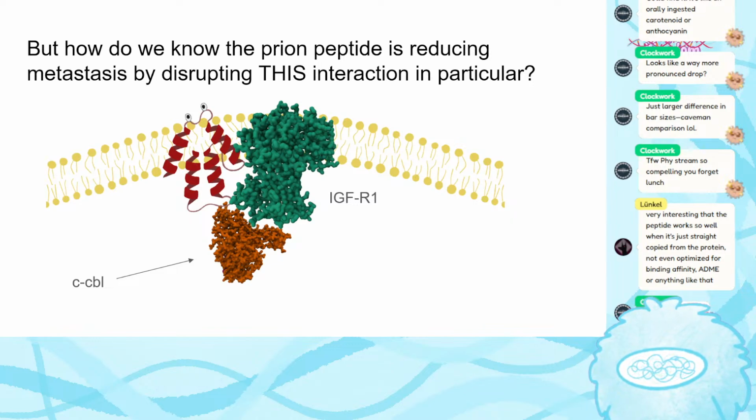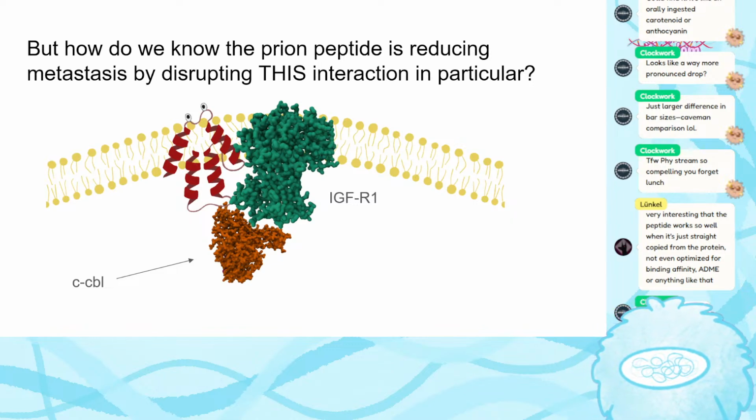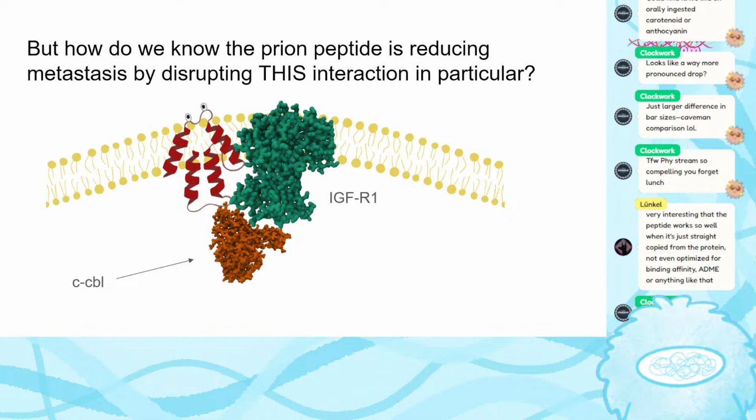Do we know with 100% certainty that the peptide is stopping cancer by breaking this interaction up? We know that it does break this interaction up. We know that the peptide does help with cancer in a dish. But can we connect that action of the peptide directly to the disruption of this complex, to the decrease in metastasis? Did we prove that in this paper, yes or no? Give that a little bit of time to think while I hydrate.